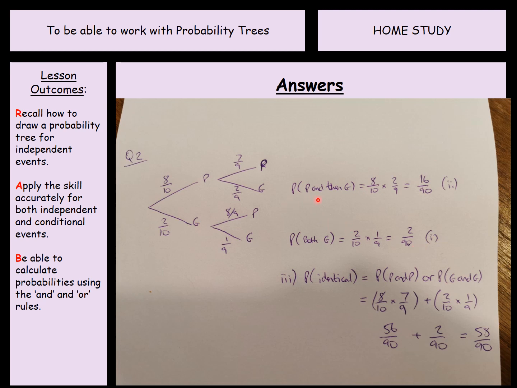Then we did purple and then green, so purple and green this way, multiplying them together, and the probability that they're both identical. So we could have had purple and purple, or we could have green and green. Notice I've put mine in brackets here, calculating them separately, and then adding them up at the end.